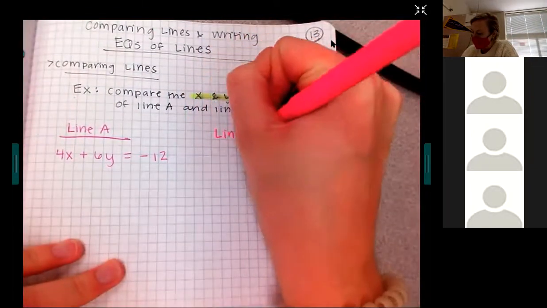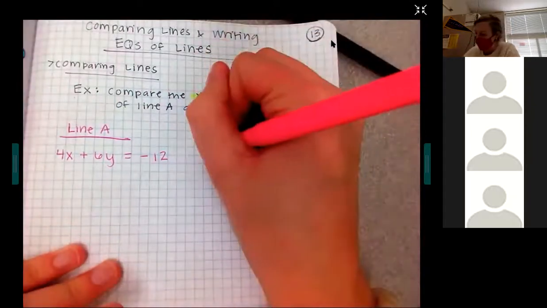And then let's say line B can be represented by this table I'm going to give y'all.